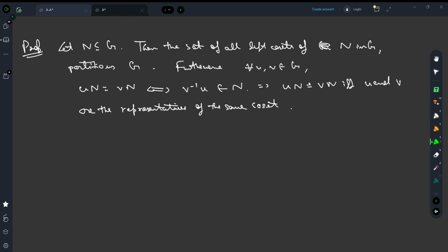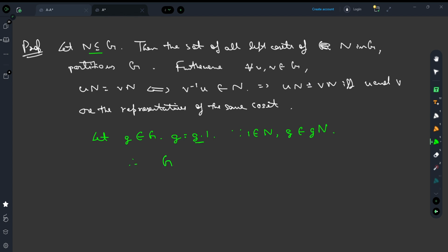First thing first, every element of G can be written as, so suppose G is in capital G, N is a subgroup of G, so 1 is obviously in N. G can be written as g dot 1. Since 1 is in N, g dot 1 is an element in gN.